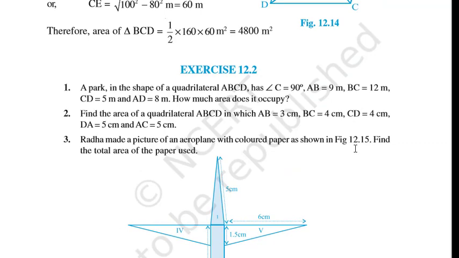What we have understood in this lecture is how to find area of quadrilateral using Heron's formula. The concept is simple. You have to divide your quadrilateral into two triangles. Then using Heron's formula we will find their areas and add them up, right?